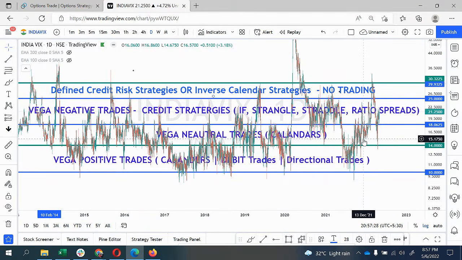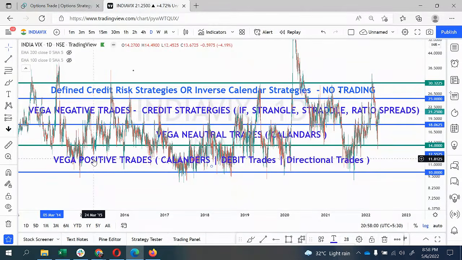You will come to know what these four boxes, or four phases, are. Whenever your India VIX stands between 10 and 14, you have to go for vega positive trades. Though the term is complicated, to make it simple, vega positive trades are basically debit splits: rather than taking more credit, we end up giving more debit.